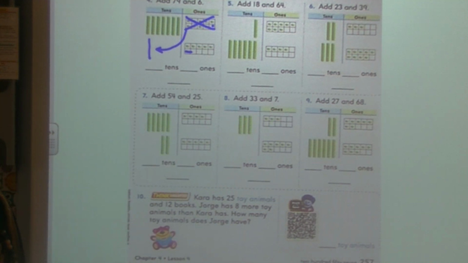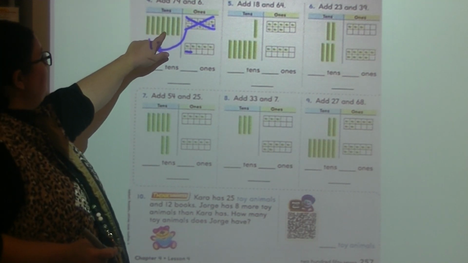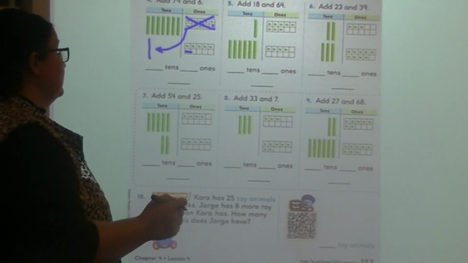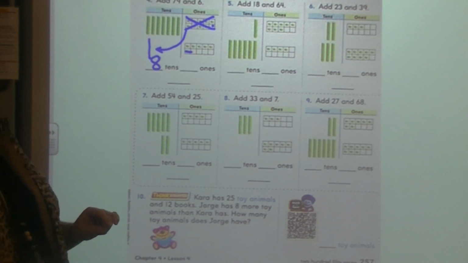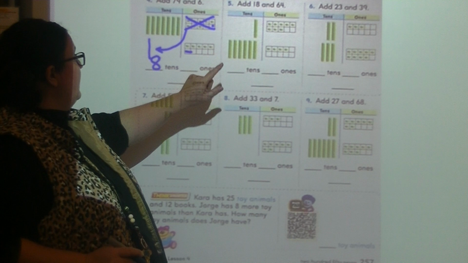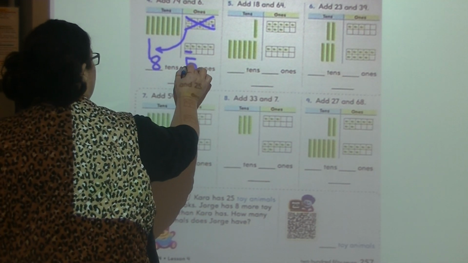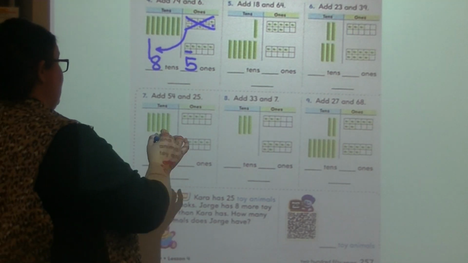Now we can count up how many tens and ones. 1, 2, 3, 4, 5, 6, 7, 8 tens. And how many ones, guys? 1, 2, 3, 4, 5. 8 tens, 5 ones is 85.